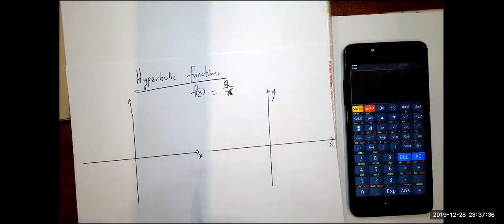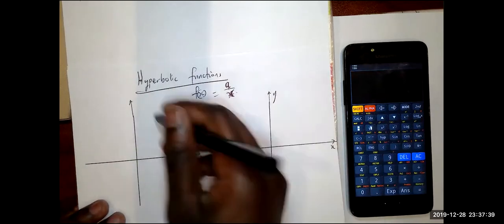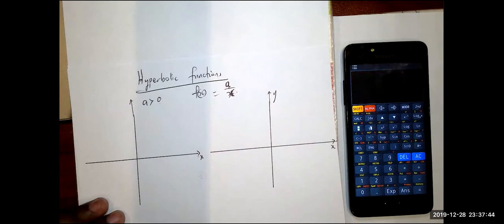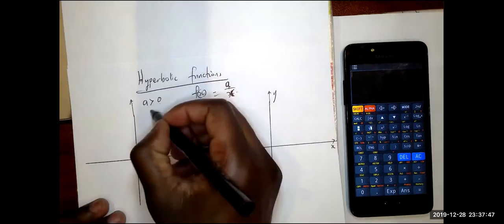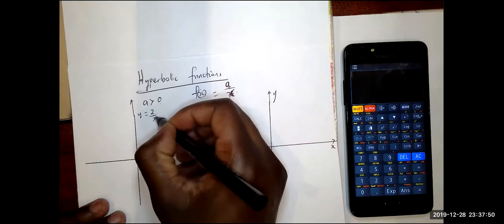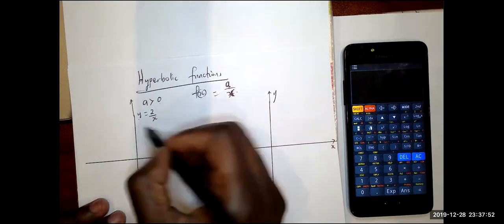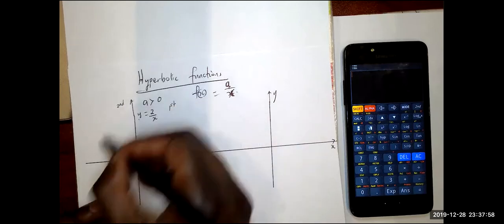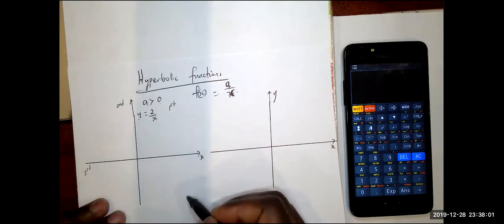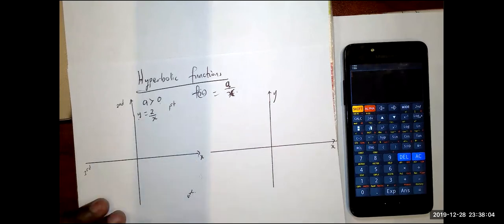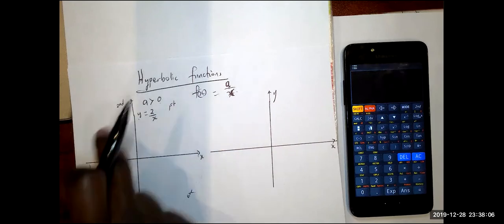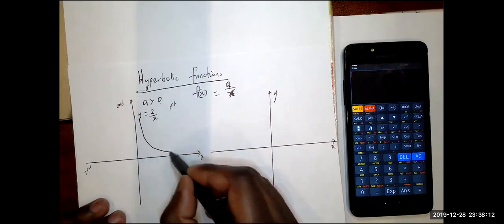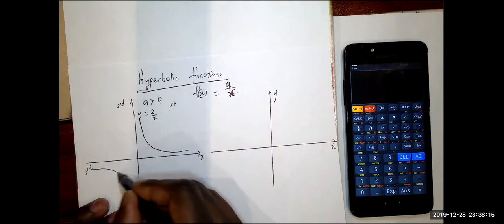Generally, when a is above 0, meaning a is positive, let's say y equals 2 over x, your graph falls in the first quadrant and the third quadrant, with the second and fourth quadrants empty.